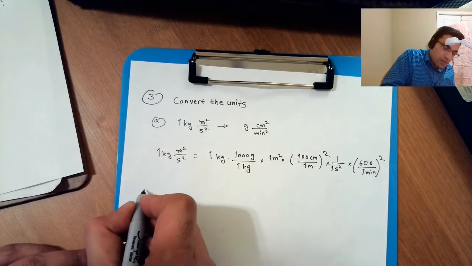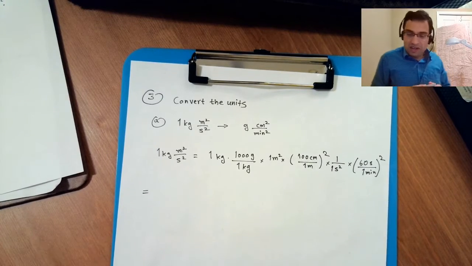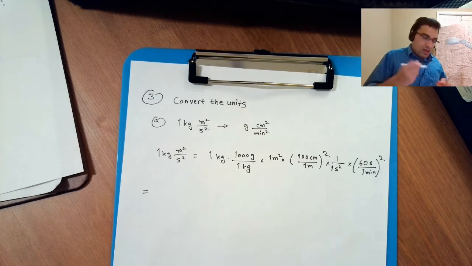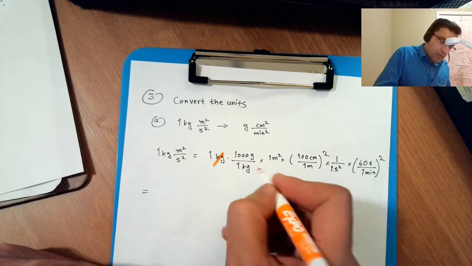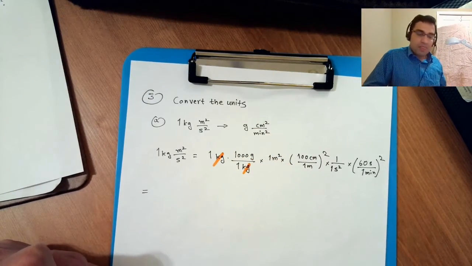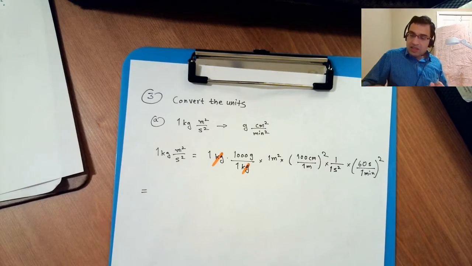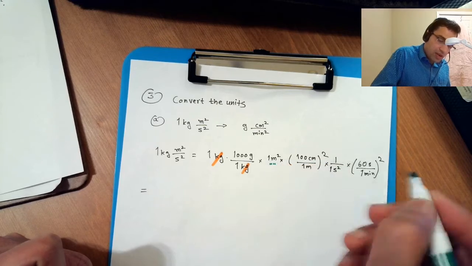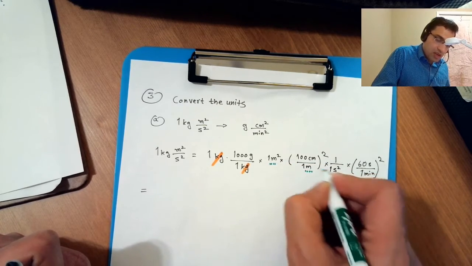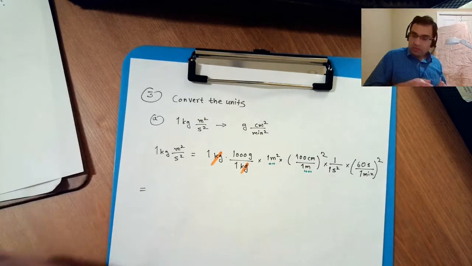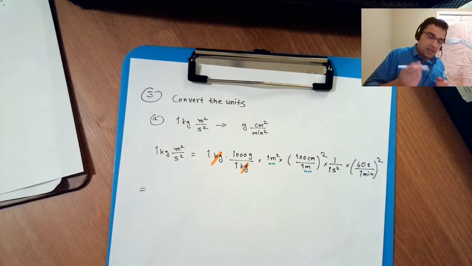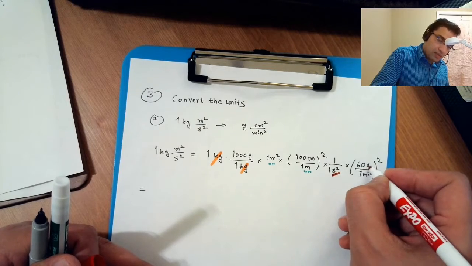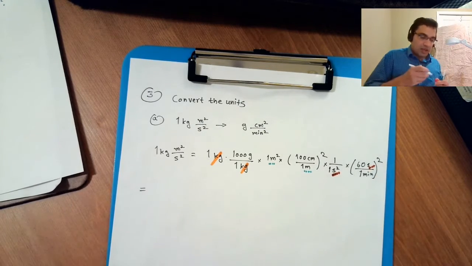All right. So if I were to write it a little more neatly, it'll become like this. This kilogram is taken care of by this kilogram. This meter square, you cancel it with this meter square, and then this second square is canceled by this second square.